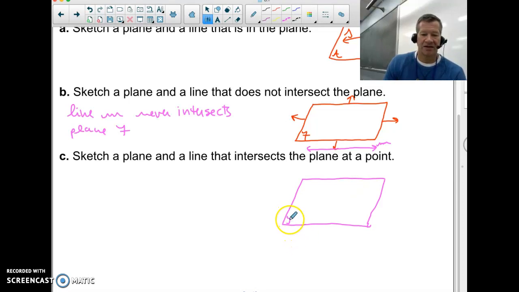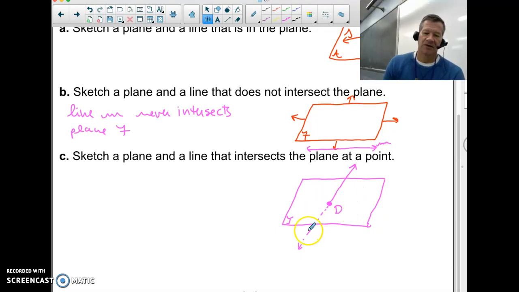So plane T. Now, draw a line that intersects that plane at a point. Okay? Well, let's say I had a line that was going straight up through it. Okay, so I had a line that was coming here underneath, and then it crossed through the plane right at this point. Let's call this point D, and then kept on going right up forever.